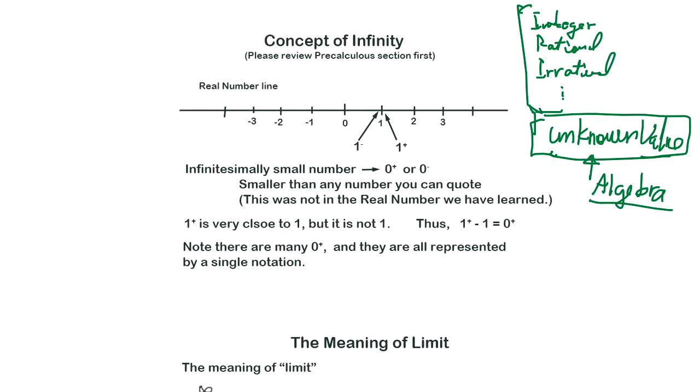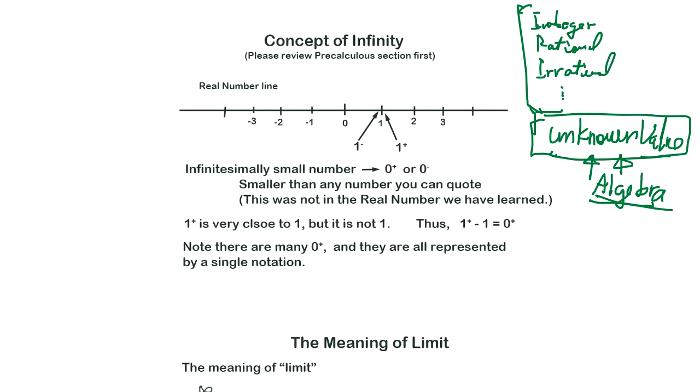So it's not an overstatement to say that algebra is based on this new number, unknown value. The same way you can say that calculus is based on this number called infinitesimally small number.